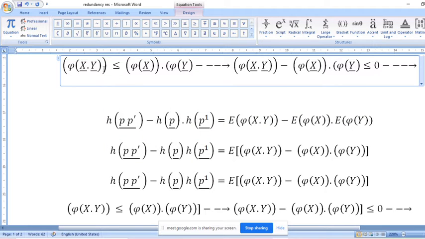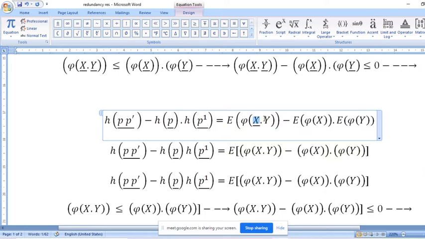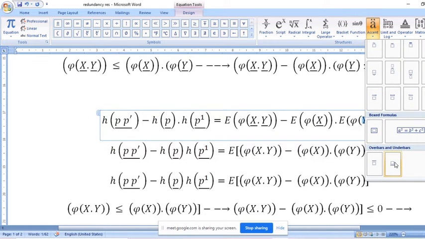So this is the result we have already proved, and we can write like this. Okay. So what will be this one? Expectation of phi of x into y minus expectation of phi of x into expectation of phi of y.